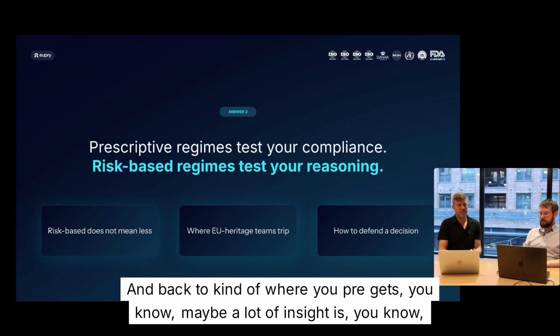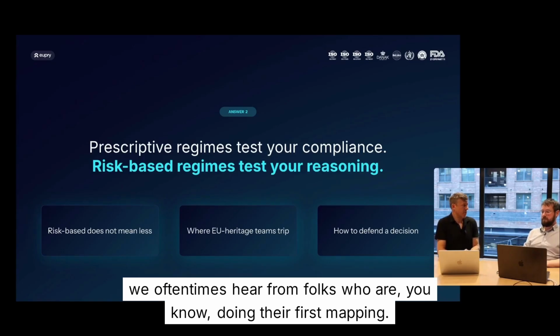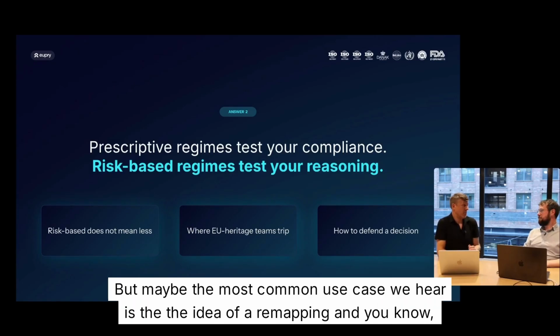Yeah, that makes sense. And back to where Eupry gets maybe a lot of insight: we oftentimes hear from folks who are doing their first mapping. We oftentimes hear from folks who are upfitting a new facility, but maybe the most common use case we hear is the idea of a remapping.